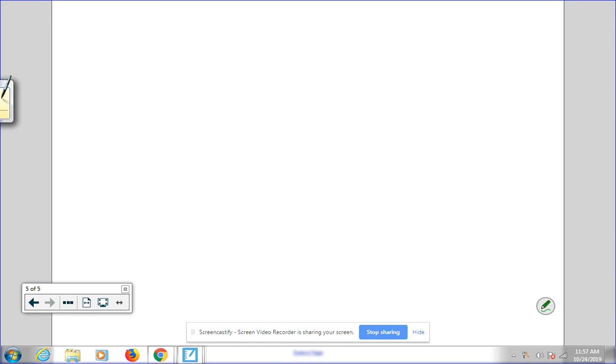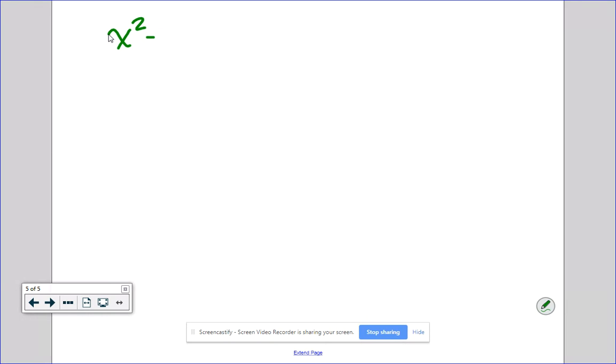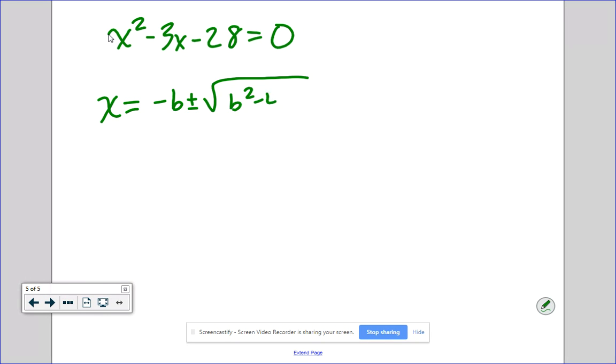Okay. Solve the following by the quadratic formula. I'm going to go quick through this because we've already done one full example. So now this one, I did not ask you to find the discriminant. Did I? I did. You're right. I'm a liar. All right, b squared.